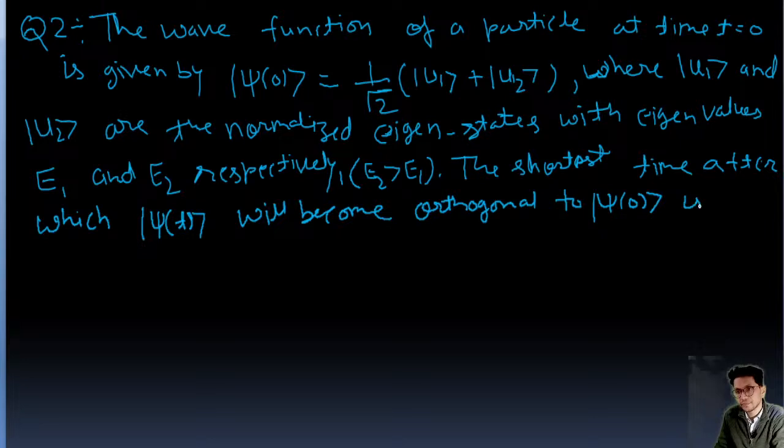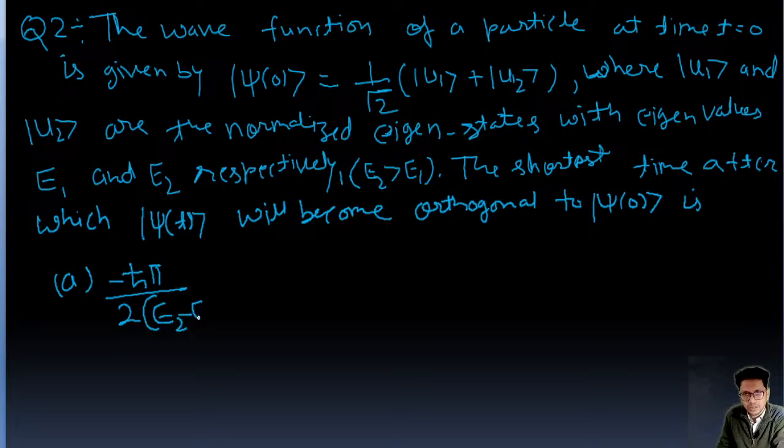okay, options are given. Option A, minus ħπ upon 2(e2 minus e1). Option B is ħπ upon (e2 minus e1).